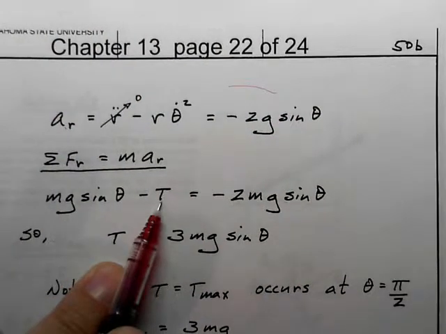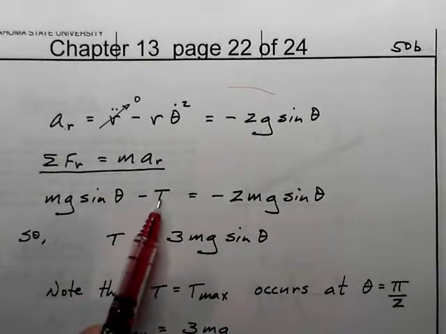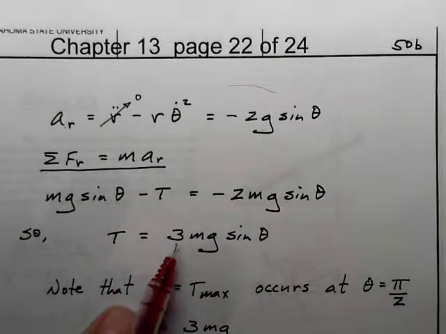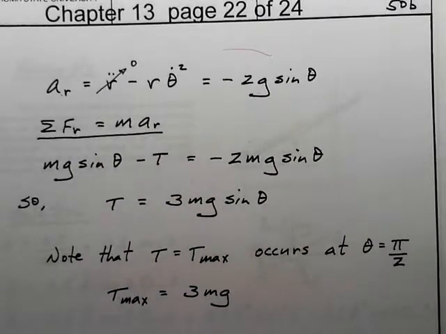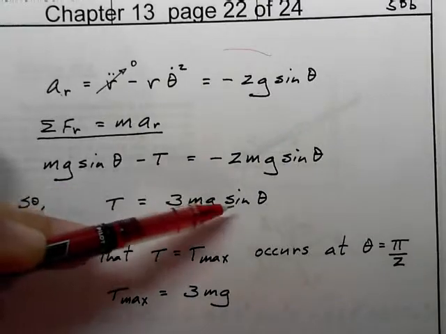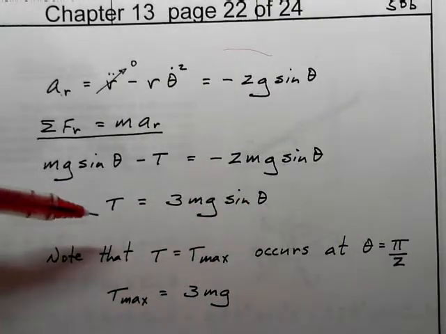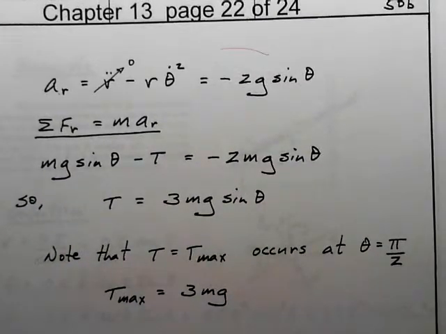Setting sum of forces equal to acceleration in the radial direction, we end up having rope tension as a function of theta. Solve for T, and so T is equal to 3 times mg times the sine of theta. Of course, this has the largest value of T when the sine of theta goes to 1, and the sine of theta goes to 1 when our angle is pi over 2.